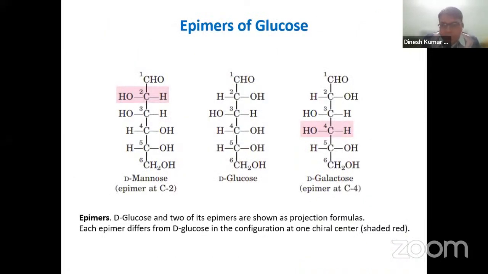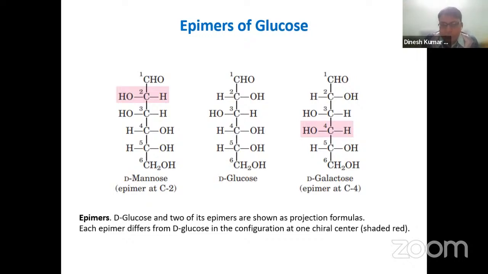Because glucose has more than 1 hydroxyl group, these hydroxyl groups can arrange themselves in different orientations, and they form epimers. In the center, glucose is shown, and see the position of the hydroxyl group at carbon number 2. When it changes from the right to the left side, it becomes mannose.